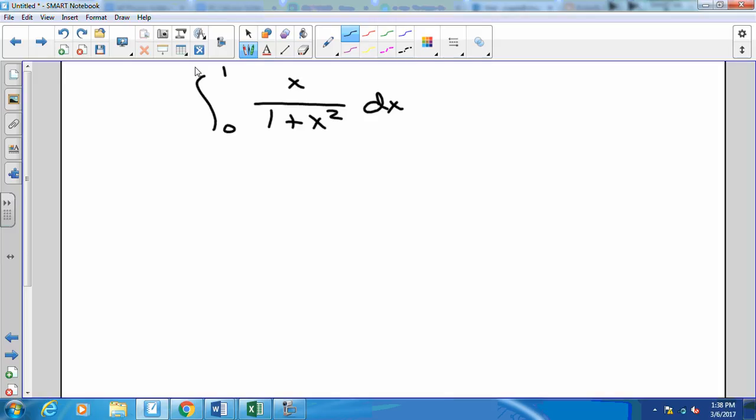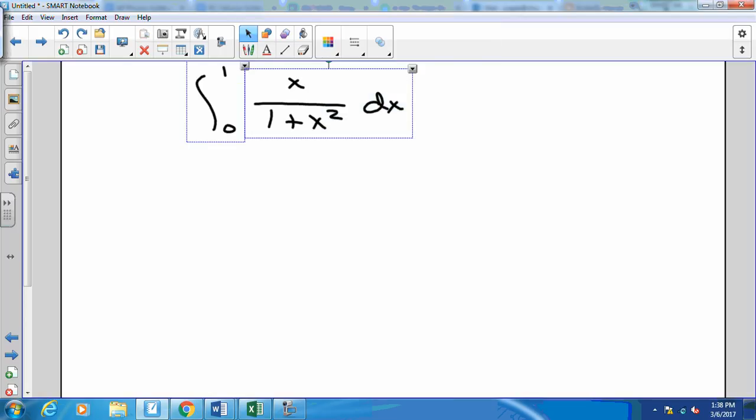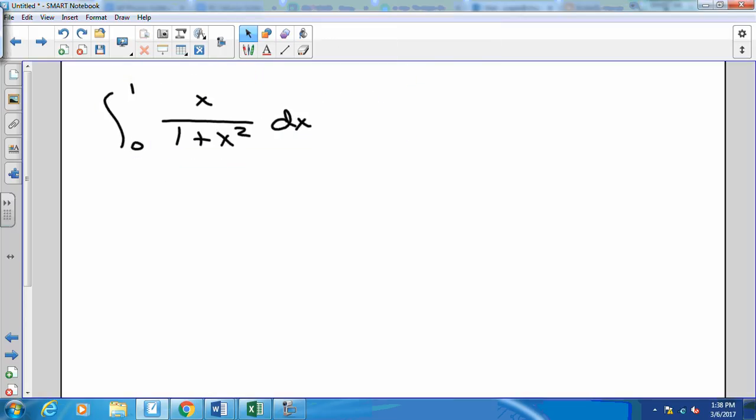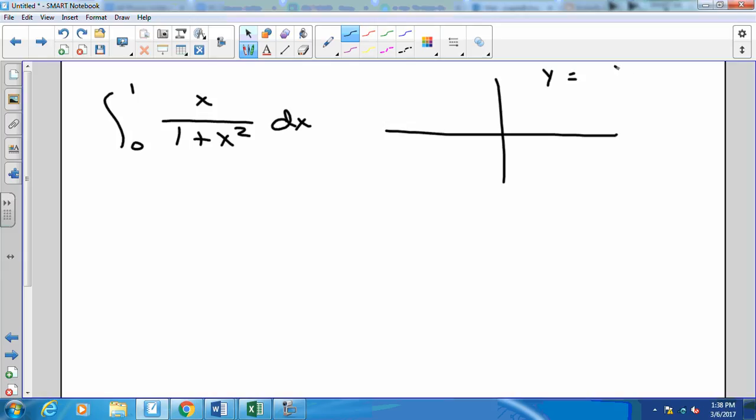Now again, we're going to take our time with this one so that we can see what's going on. If we sketch the function y equals x over 1 plus x squared, it looks something like this. And the region that we're talking about is the region from 0 to 1.